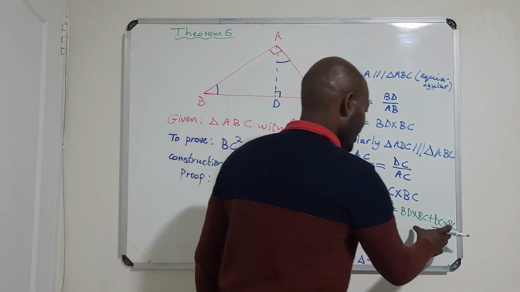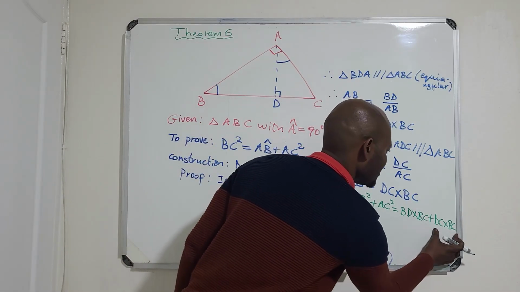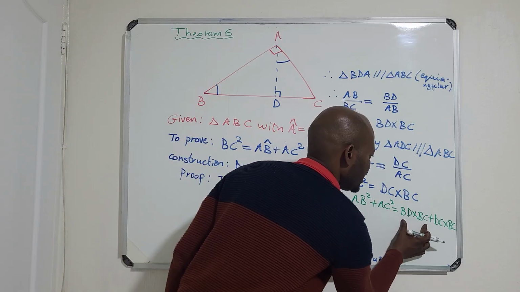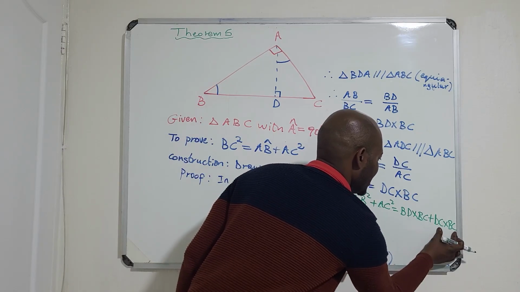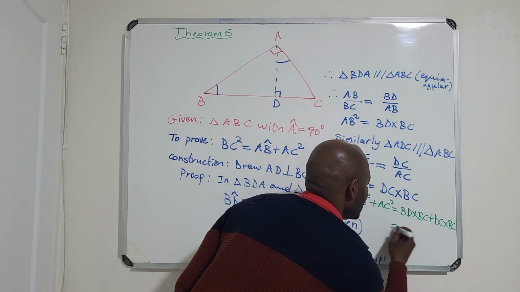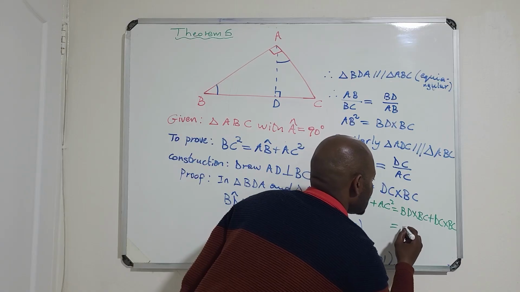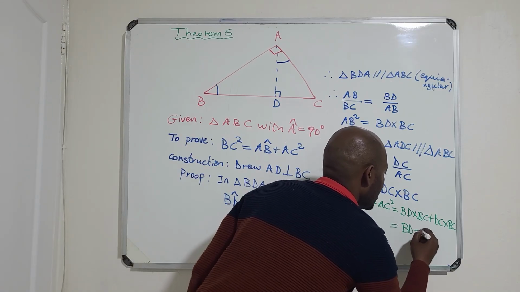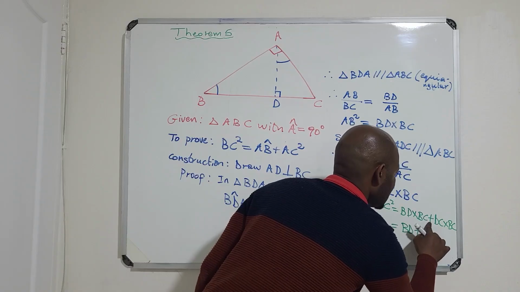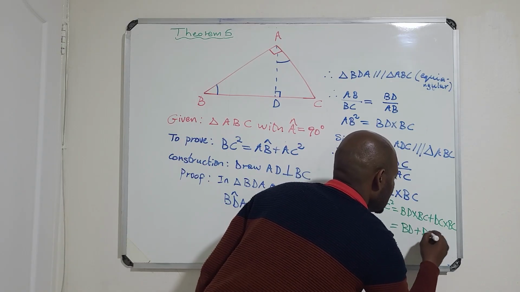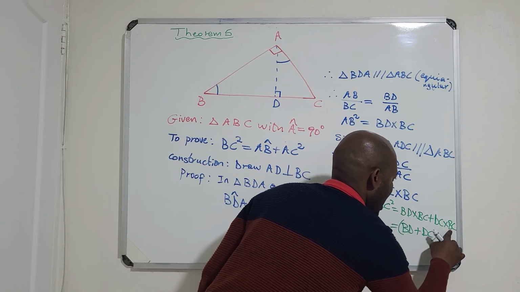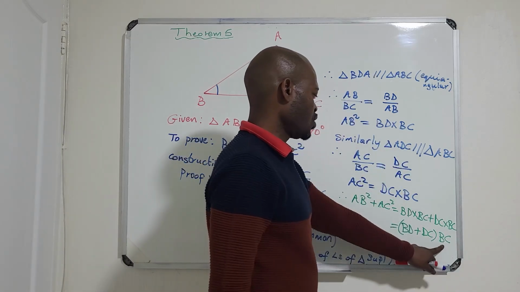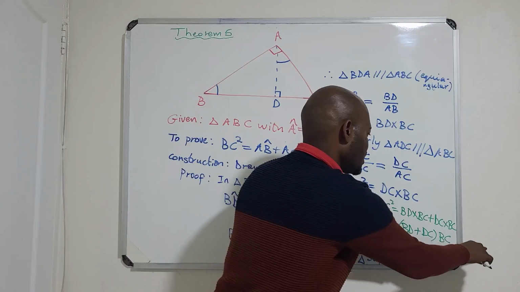Now, here I've got two terms. I can take out BC because there's BC here, there's BC there. So I can take out BC, I'm going to be left with BD here plus DC because I took out BC outside.